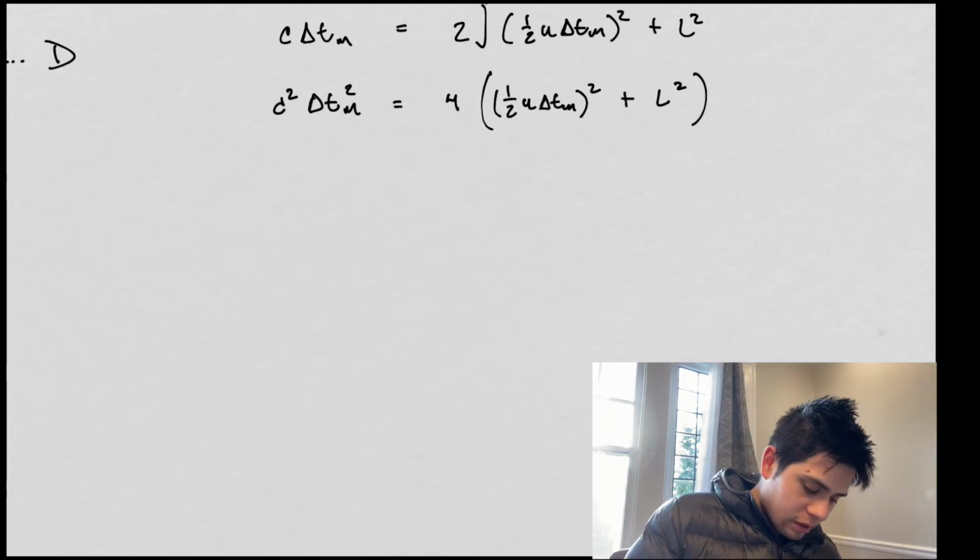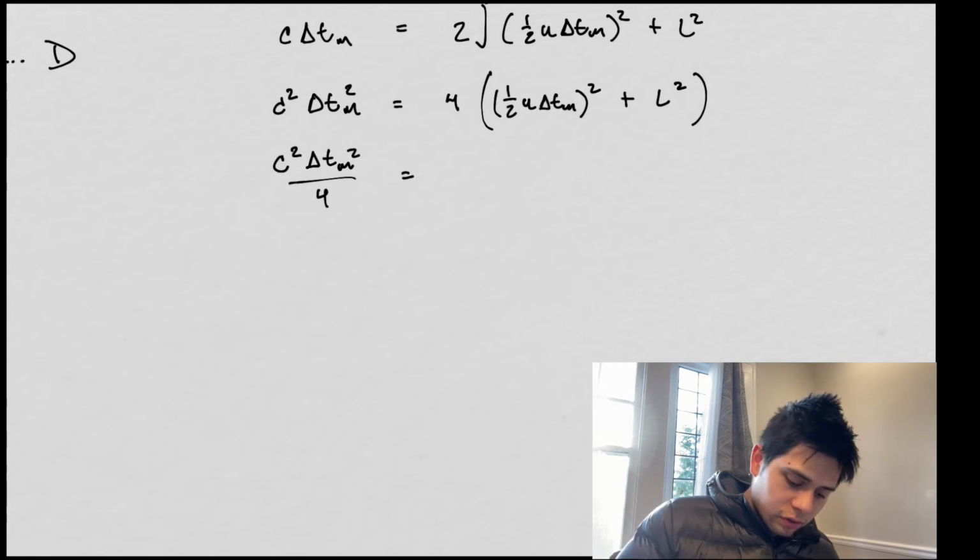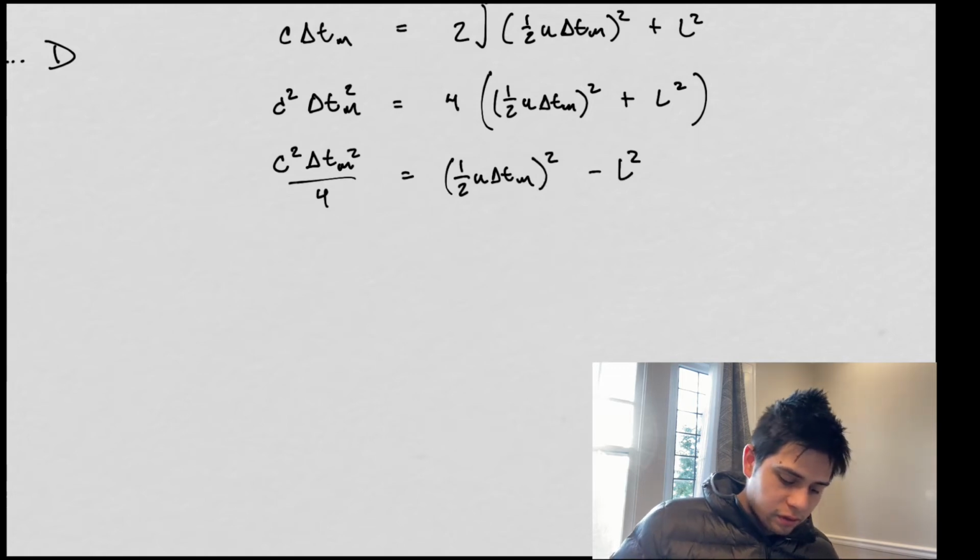So it's going to be c squared delta t m squared over 4 is equal to 1/2 u times delta t m, all that squared minus L squared.